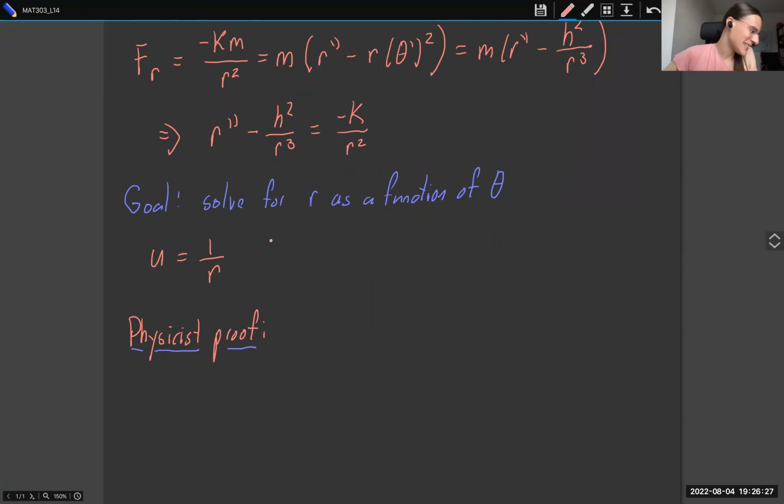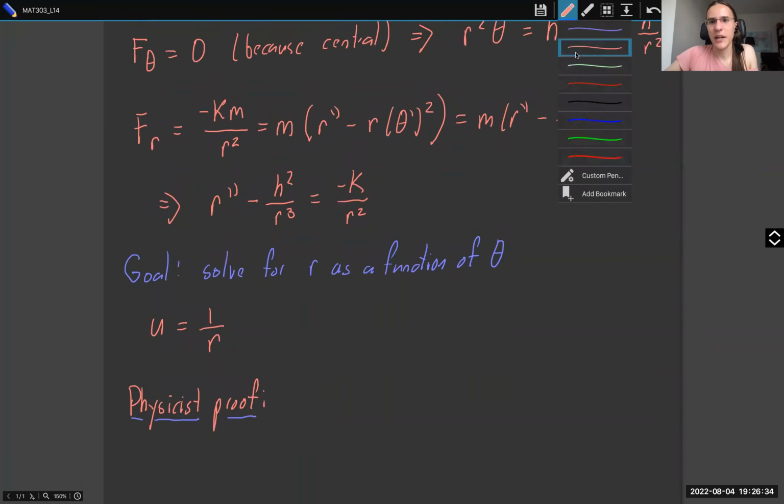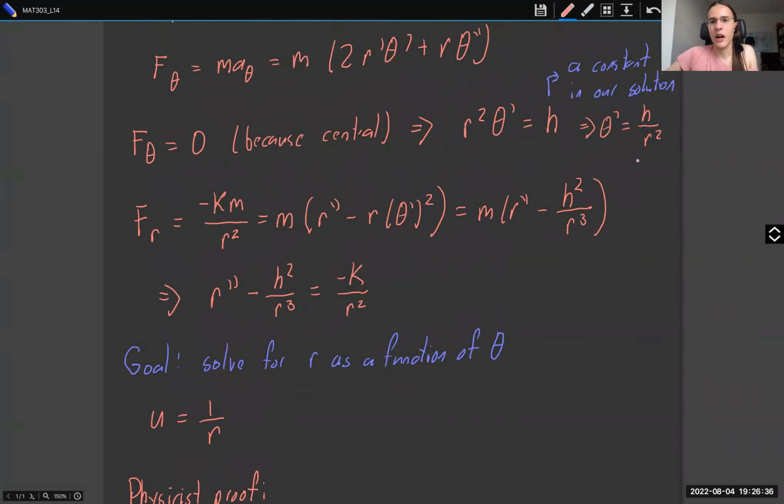But you're going to see that this is sort of amazing. So first off, this equation from before now tells us that theta prime is equal to h u squared, right?